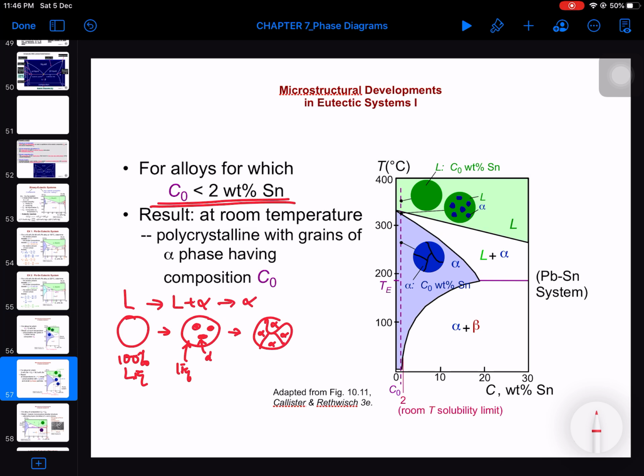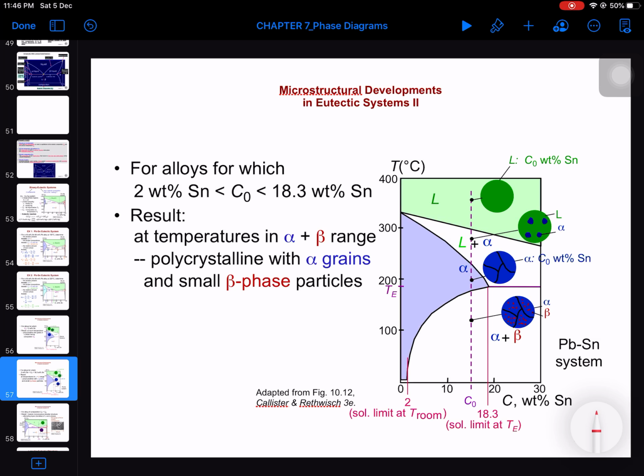And the next set is the one that crosses 1, 2, 3, 4 regions. So it goes from liquid here to liquid plus alpha here. Let's say this is the C0. Upon cooling, it goes from liquid to liquid plus alpha, and then it goes to this area of alpha, and as the cooling keeps going, it goes to the alpha plus beta region.